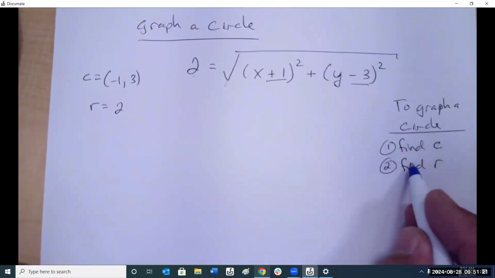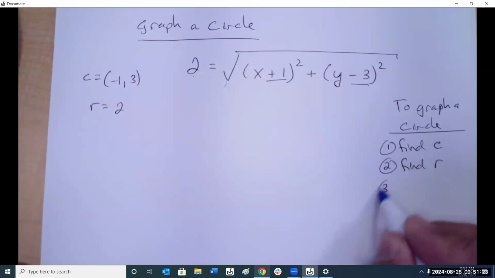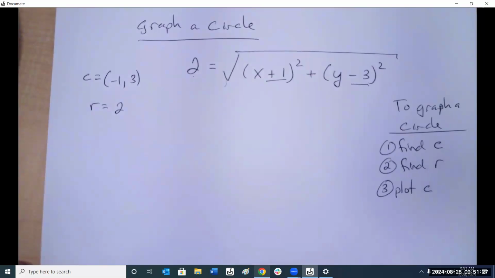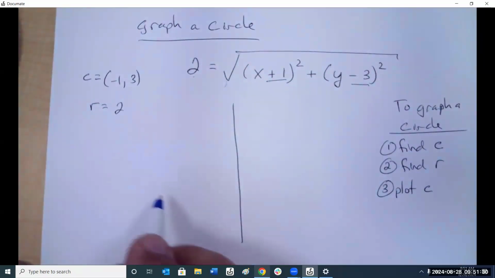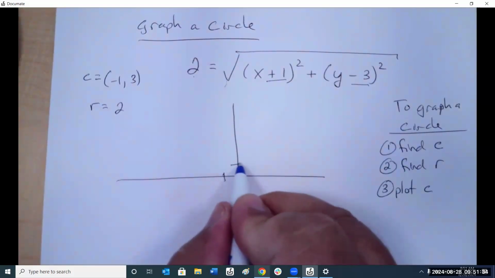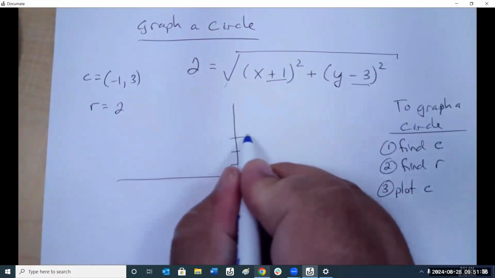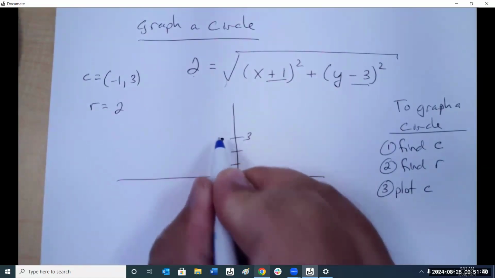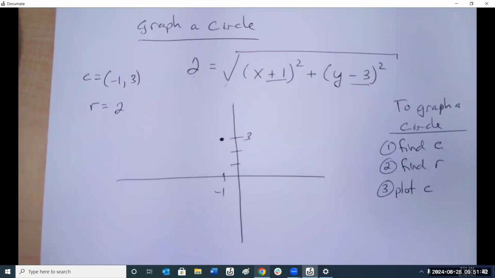So once you find the center and the radius, plot the center. So it's at -1, +3. There's a center.